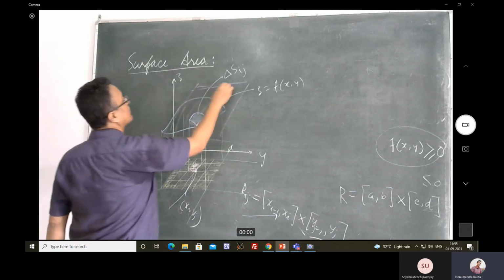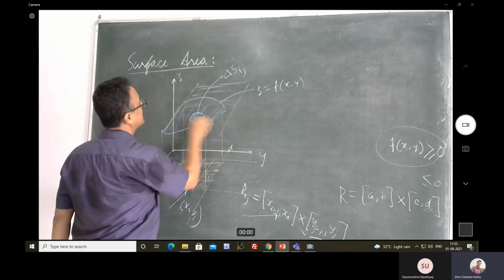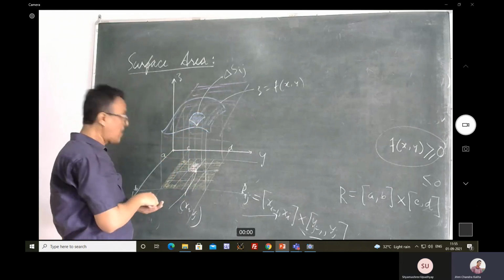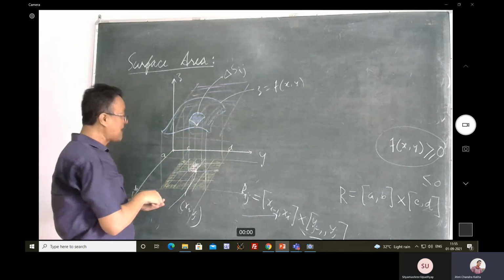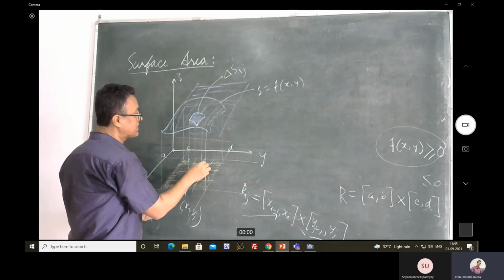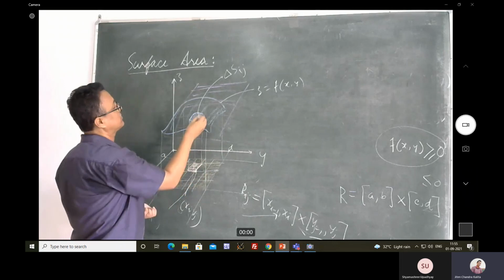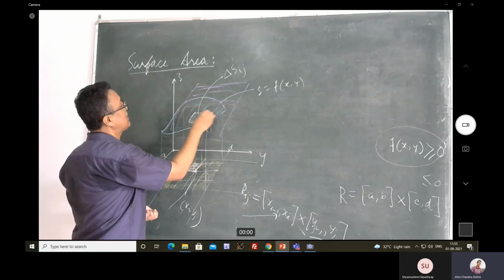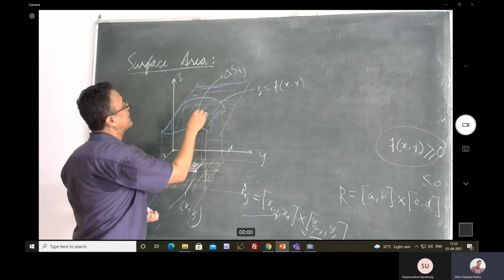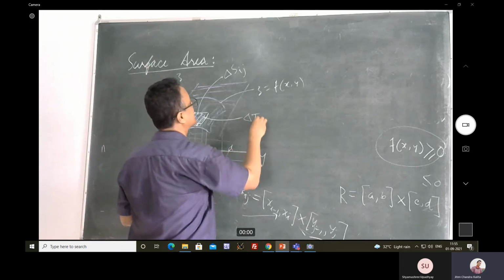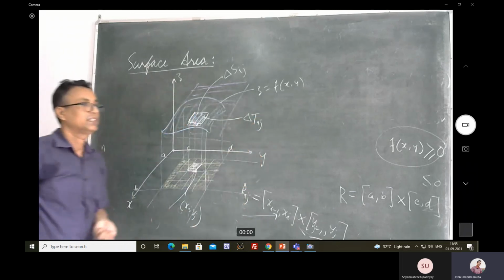Is it okay? I'm going to get a tangent plane like this at this point to that surface. So now I'm going to consider the tangent plane that simply lies above this rectangle. So it is going to give me some plane like this, and this plane I'm going to call delta Tij.